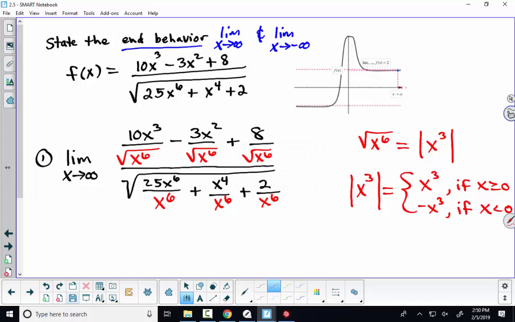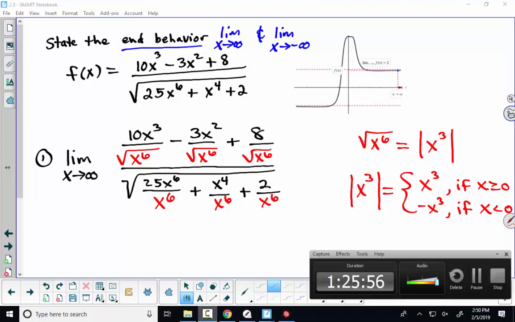So it does absolutely matter, because since x is approaching positive infinity, we're going to use the top definition for the square root of x to the 6th. When we approach negative infinity, we're going to use the bottom definition. So we'll pick back up there.